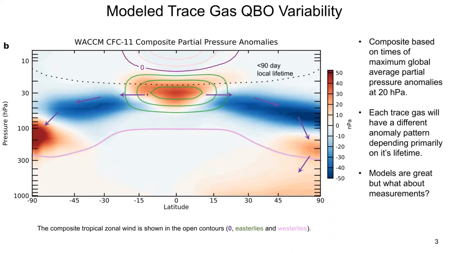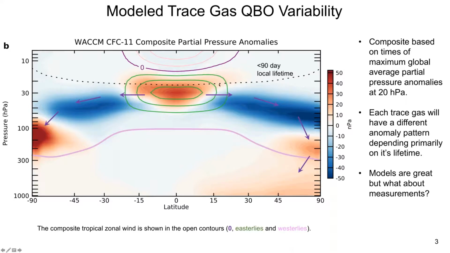And the snapshot shows that at any one time in the atmosphere, you have a series of these anomalies propagating down from the tropics out to the high latitudes in each hemisphere and down across the tropopause and into the troposphere.